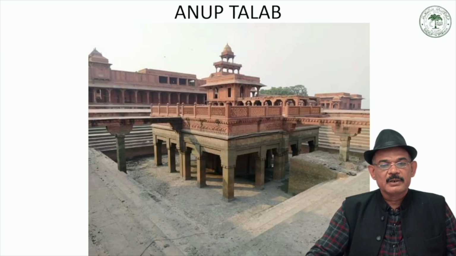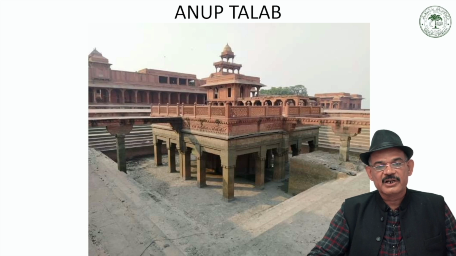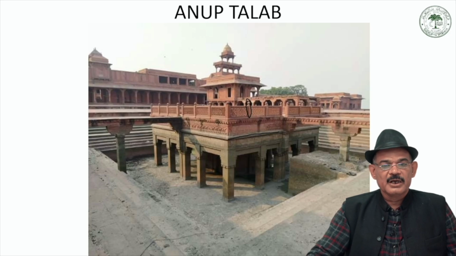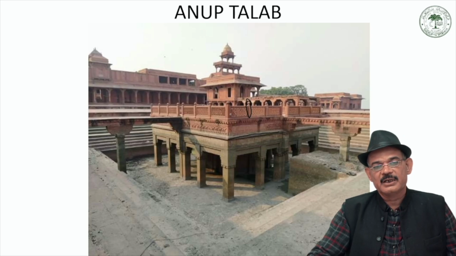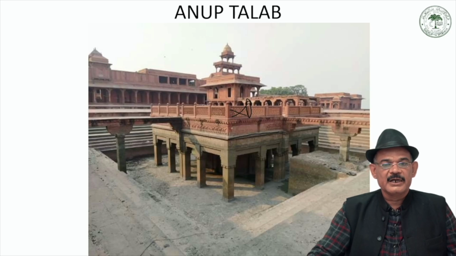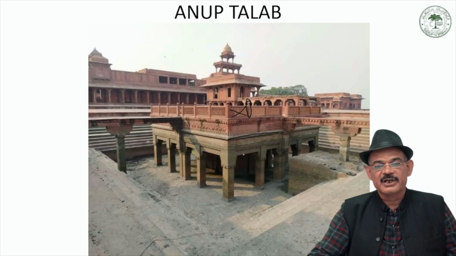Above there is a platform, and this platform was enclosed by a lattice railing. This railing has small pillars, and these pillars had a dome-type upper portion, and the space between these two pillars was filled with a lattice cut in some geometrical designs.